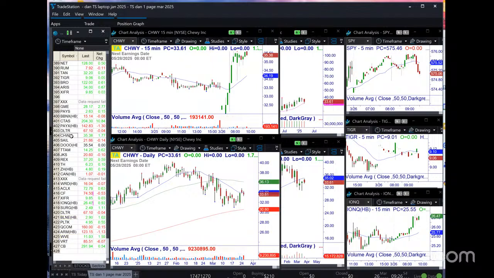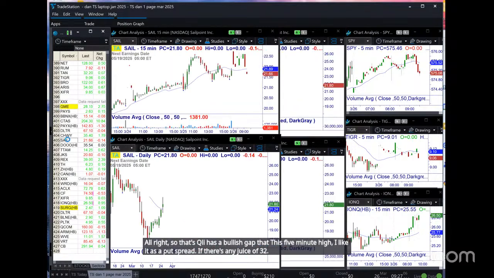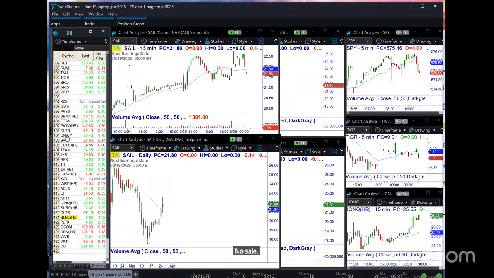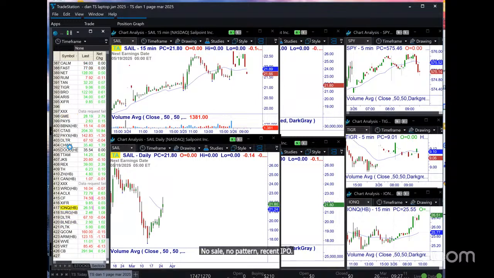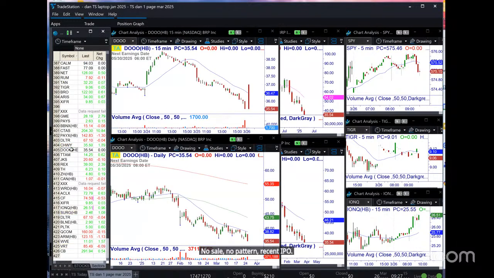Yeah. All right, so this Chewy is a bullish gap. This could be a 5-minute high. I like it as a put spread if there's any juice at 32. Sale, no pattern, recent IPO. That's a beautiful continuation short.